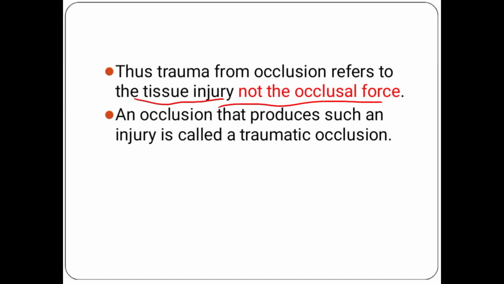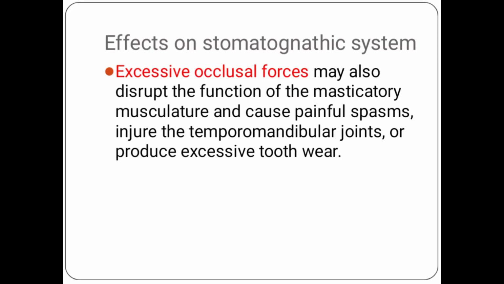Just that occlusion that caused the trauma. An occlusion that produces such an injury is called traumatic occlusion. Okay, meaning that occlusion that produces the tissue injury is called traumatic occlusion.